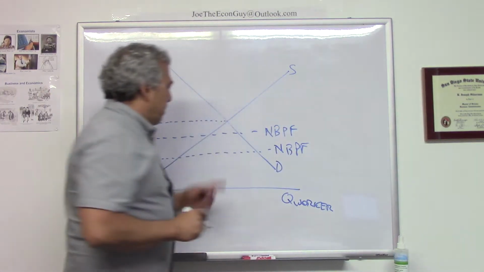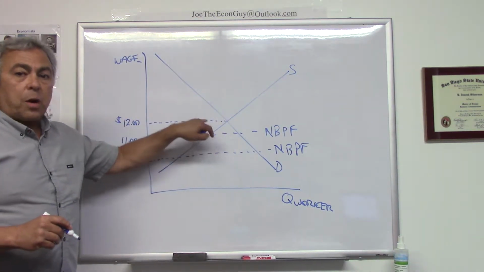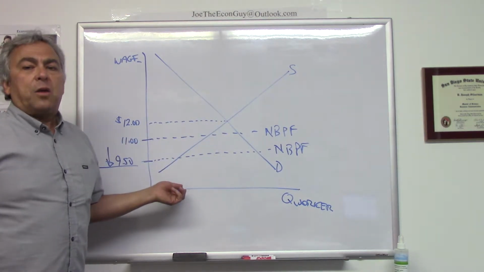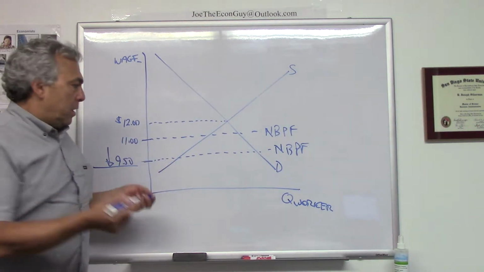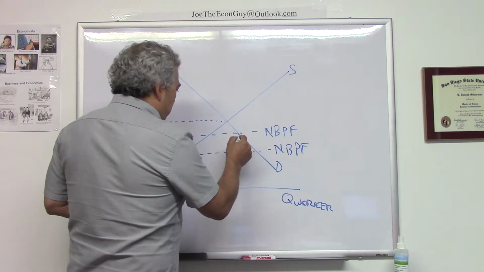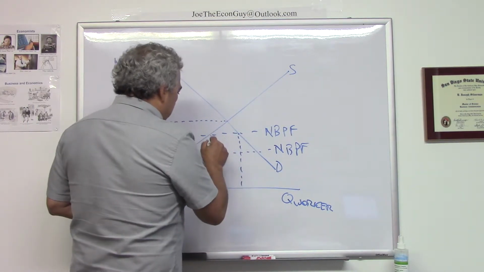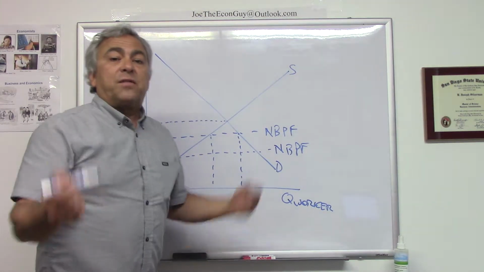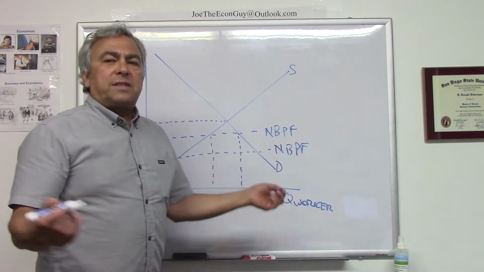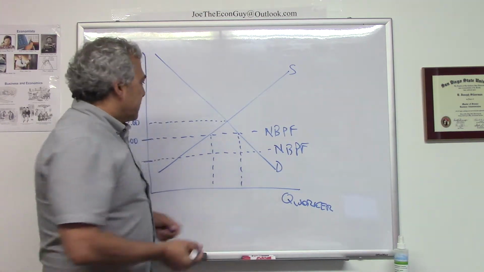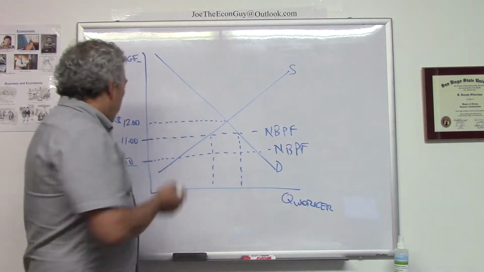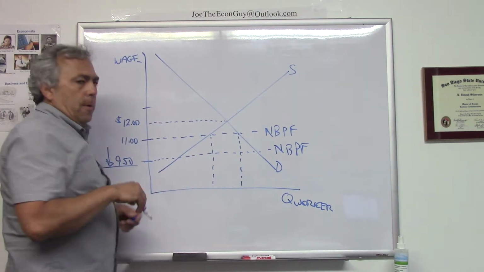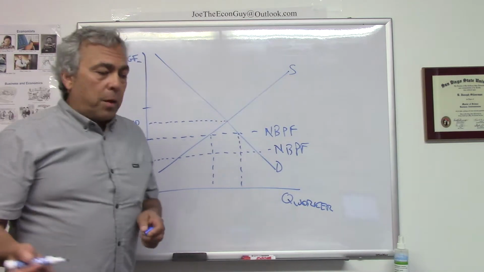In other words, because these price floors are below the equilibrium wage, we wouldn't expect an increase in unemployment. Maybe what happens is if employers are forced to pay a higher minimum wage, they would see that there's less of a shortage. They're having less of a hard time finding workers. But if we keep on raising the minimum wage, there's a big push to go to like $15 an hour in many parts of the country.